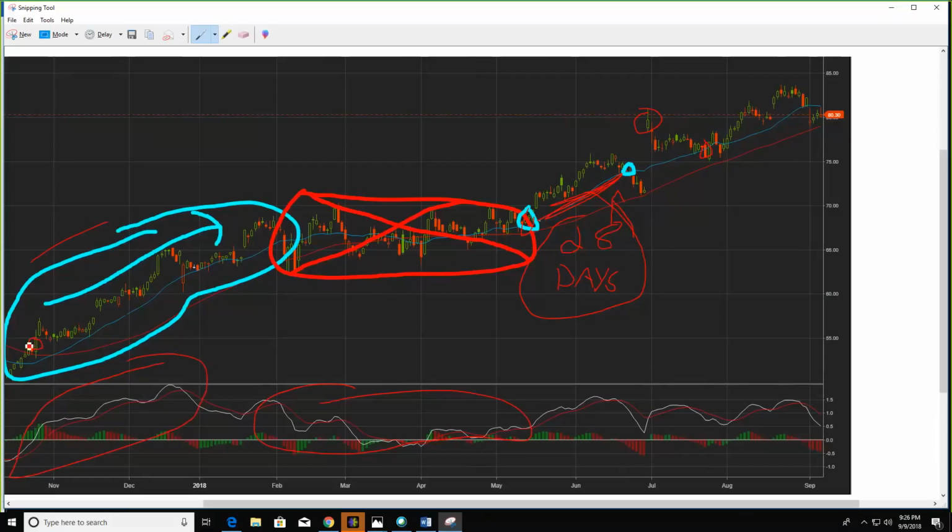If you entered right here for a breakout trade and the stock immediately went against you and it hit either the red 50-day or blue 20-day SMA, you're only taking a small loss, because you're not having a large move between your entry and your stop area or your target profit area.